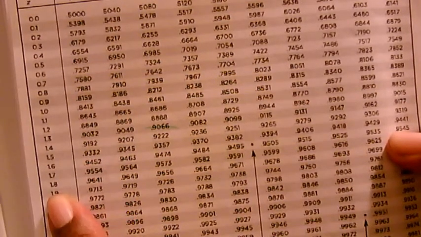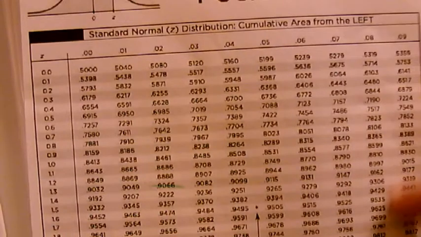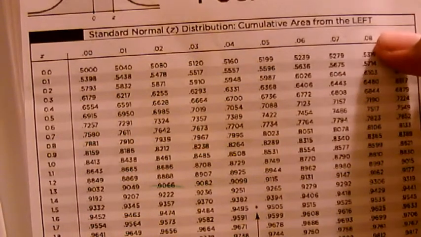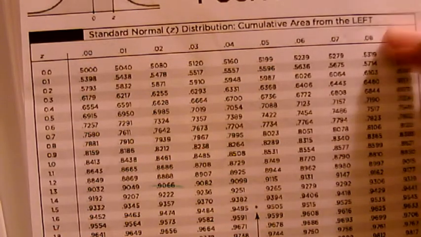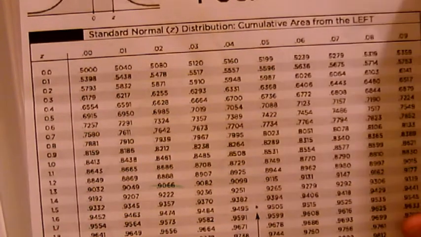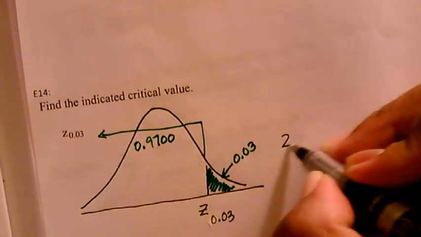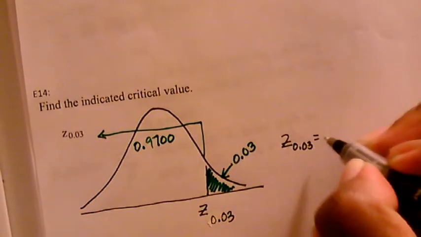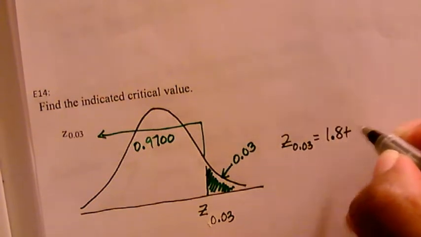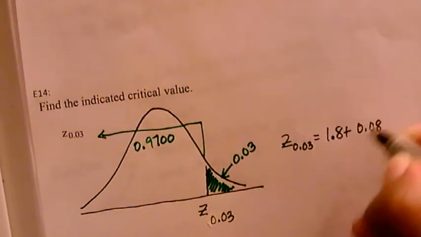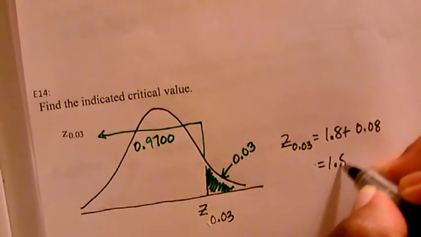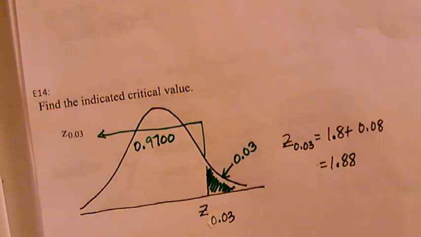In this case, 1.8, and you'll see that the column that 0.9699 is in is 0.08. So we got 1.88. So the Z of 0.03 is this 1.8 plus 0.08. That will give you 1.88.